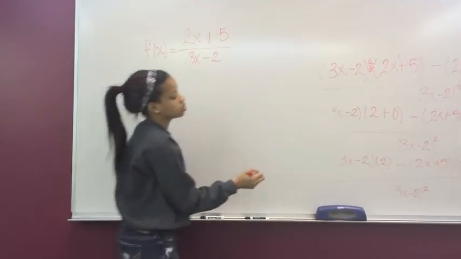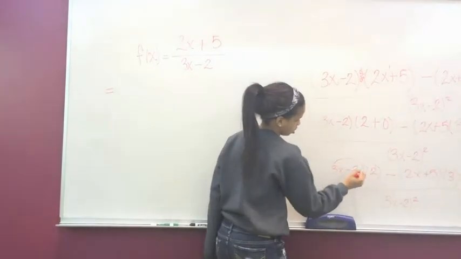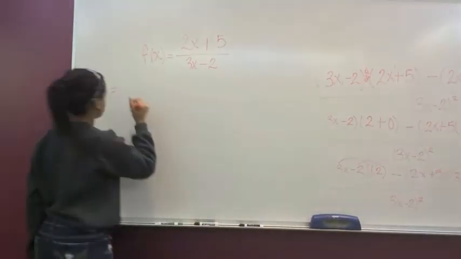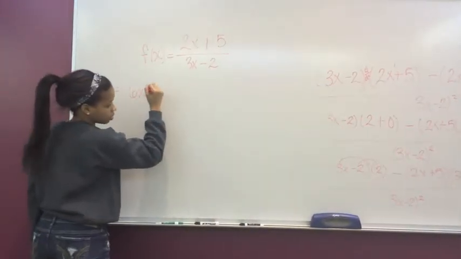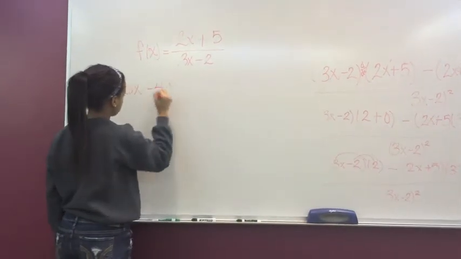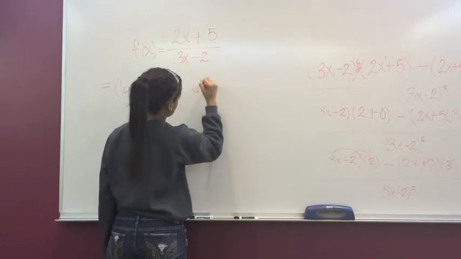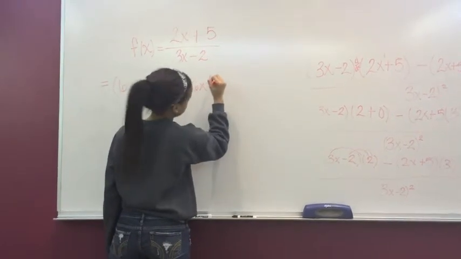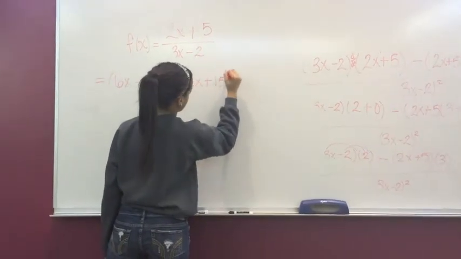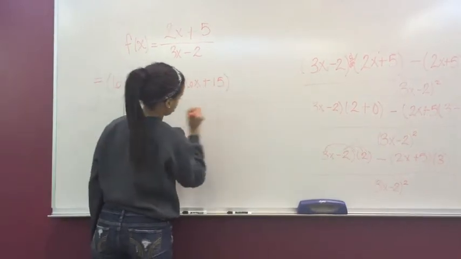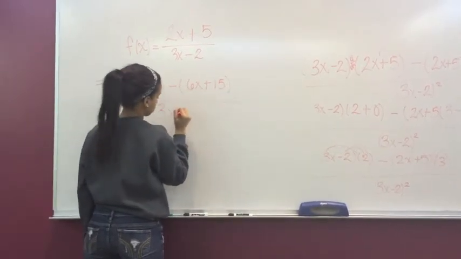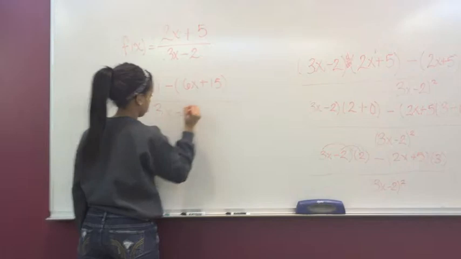which, using the distributive property, you'll multiply both of them, so it should give you 6x minus 4 minus 6x plus 15, all over (3x minus 2) squared.